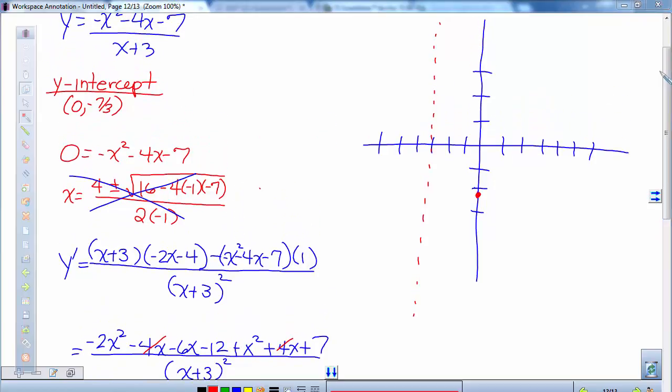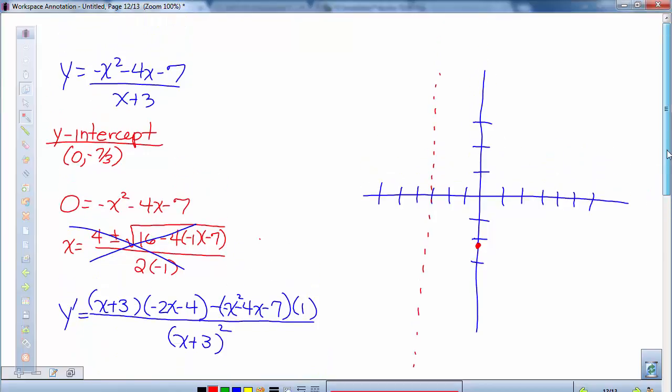Okay, so 1, 2, 3, 4, 5. That's -5, 6, 1, 2. 1, 2, 3, 4, 5, 6. So -5, 6. Okay, and then -1, -2. Okay, so this is good. All right.